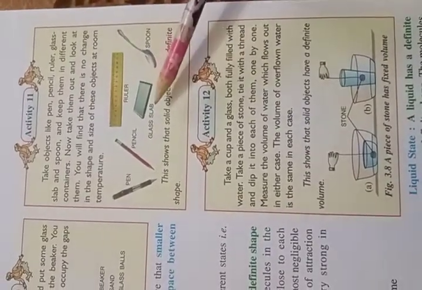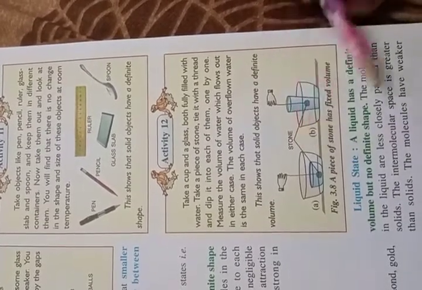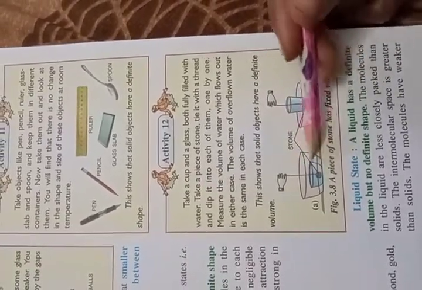In the other activity, take a glass filled with water, take a piece of stone, tie it with a thread and dip it in the water, one by one, and measure the volume of water which flows out.